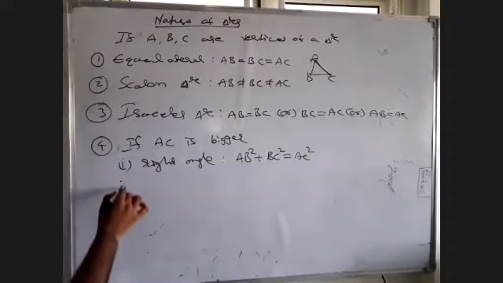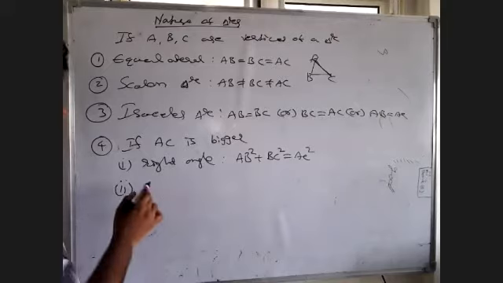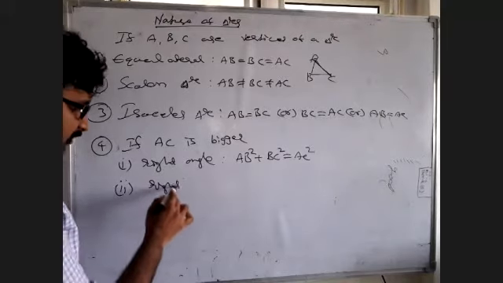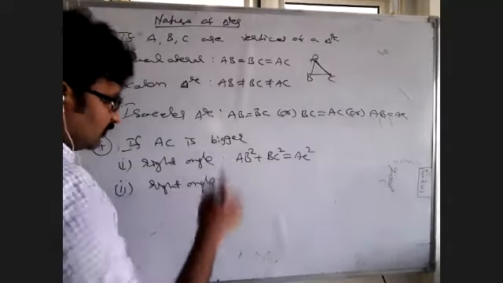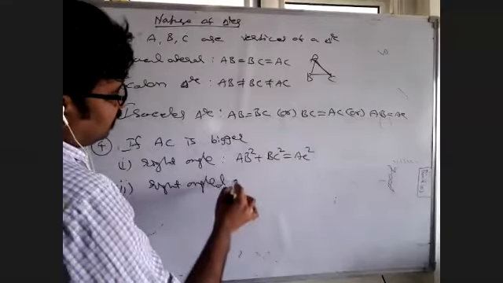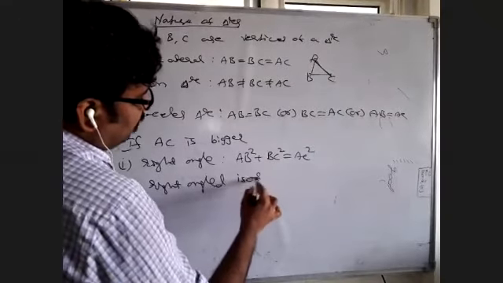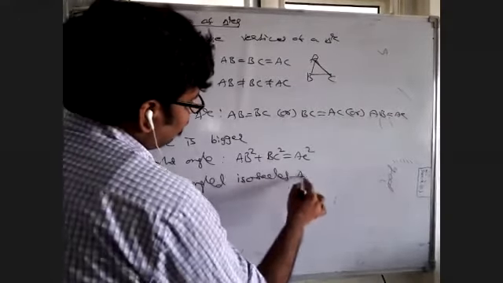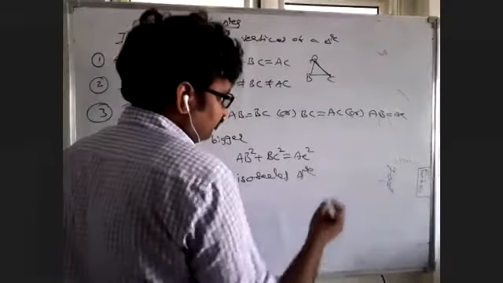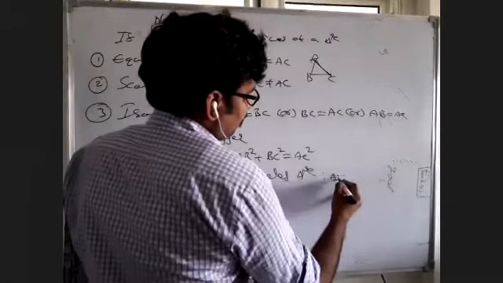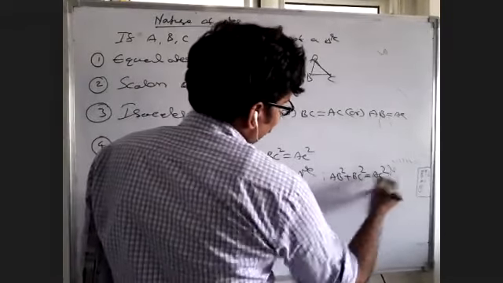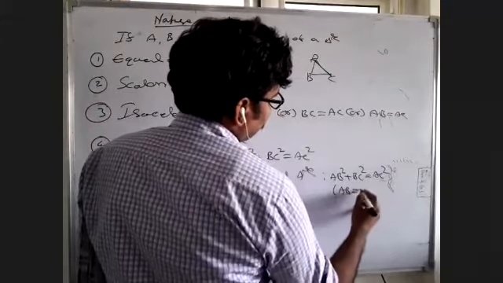Second, right angle isosceles triangle. The condition is the same: AB square plus BC square equal to AC square, but AB equal to BC.